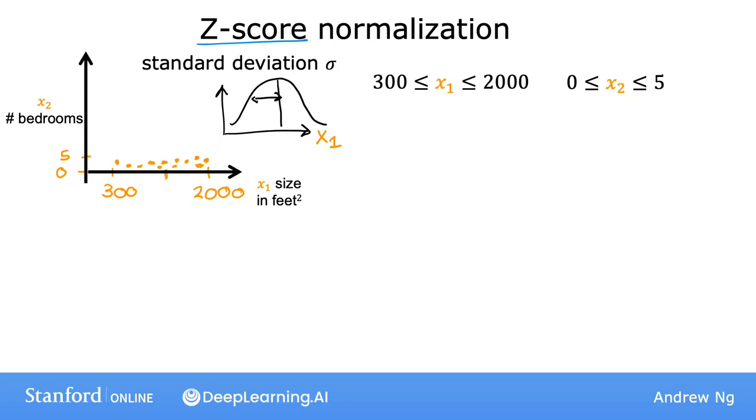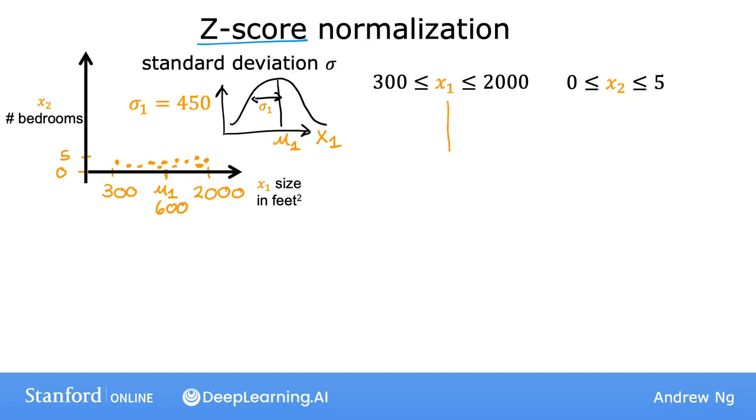But if you do know what the standard deviation is, then to implement z-score normalization, you first calculate the mean mu as well as the standard deviation, which is often denoted by the lowercase Greek alphabet sigma, of each feature. So for instance, maybe feature 1 has a standard deviation of 450 and mean 600.